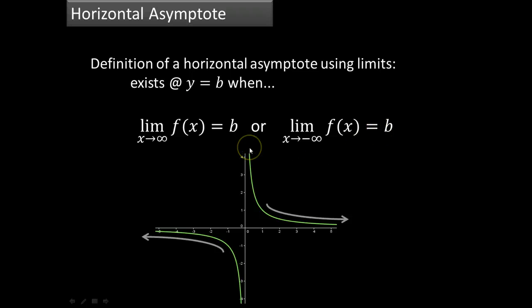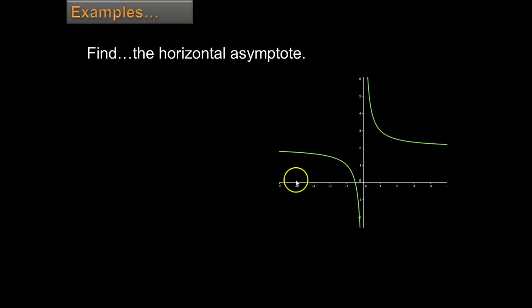So here we have the limit. This is our 1 over x function. As x approaches infinity, our limit was equal to a constant. That constant happened to be 0. Same thing here when x approached negative infinity. We got our limit to be a constant. That is how we prove in calculus that we have a horizontal asymptote, because the limit of the function as you run off to infinity or negative infinity is equal to a constant value.